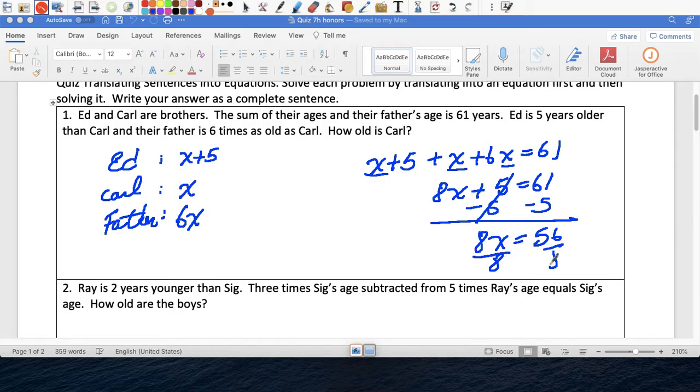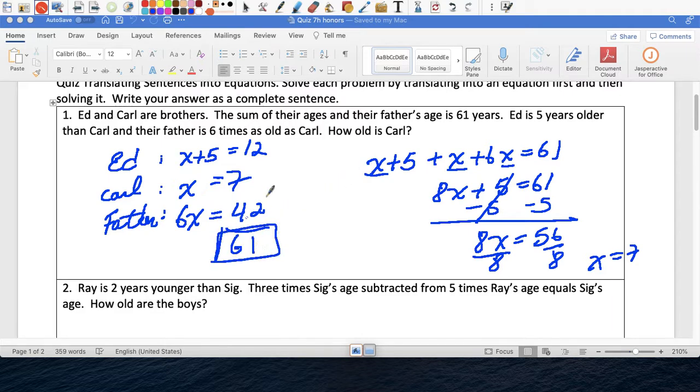Divide by 8. x equals 7. So that makes Carl 7 years old, Dad 42 years old, and Ed 12 years old. If you add them up, you get 61. So that matches our story.